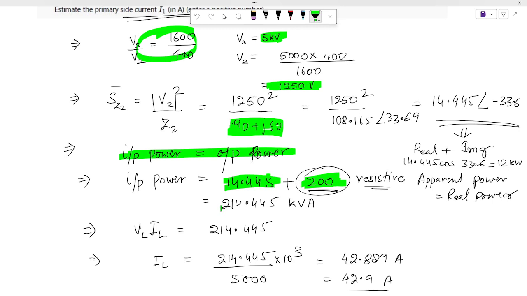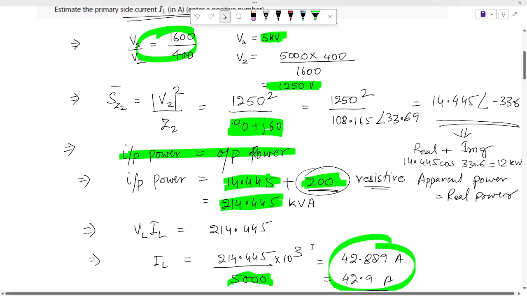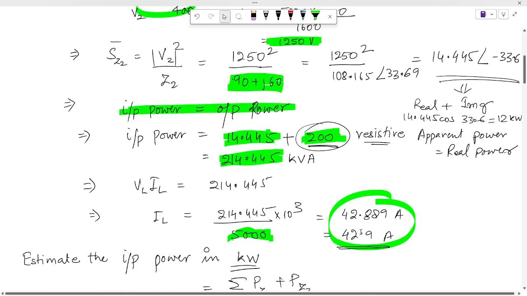So the total kVA consumed at the secondary side is 214.445. By the formula, single phase kVA is VL times IL, which is equal to 214.445 kVA. Now to calculate IL, we simply divide by VL, that is 500 volt, and we get IL as 49.9 ampere, sorry, 42.9 amperes.